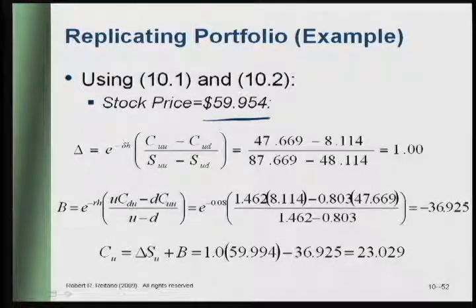And once you have those, the value of the option using that replicating portfolio is of course the same as the value of the option using formula 10.3, which is often referred to as an expected present value formula. Namely, it's an expected formula because we use p star and 1 minus p star, and it's a present value formula because we're discounting at the risk-free rate.